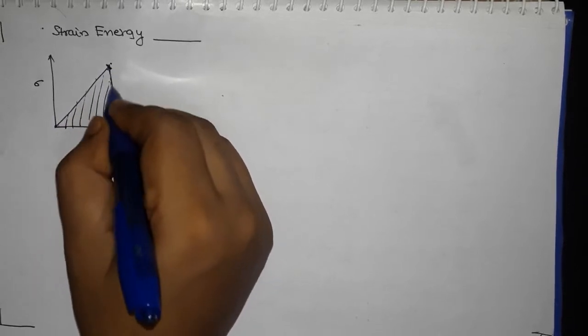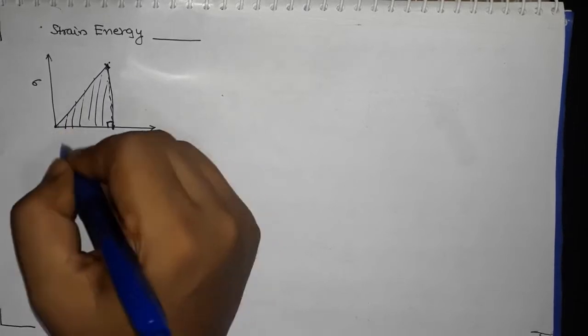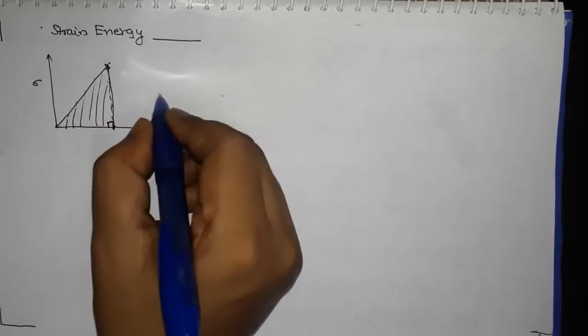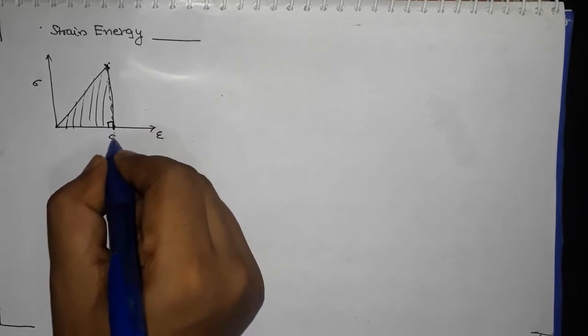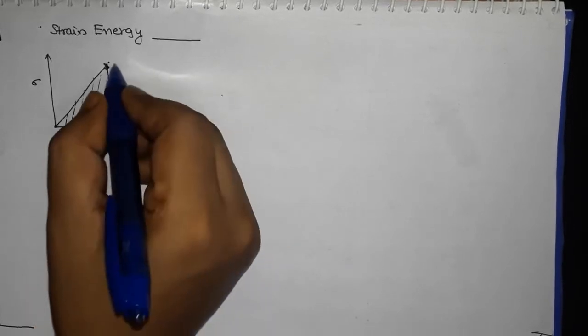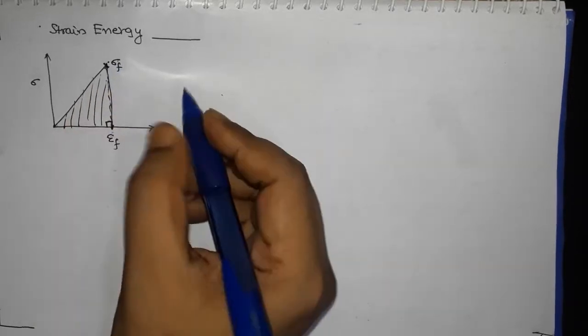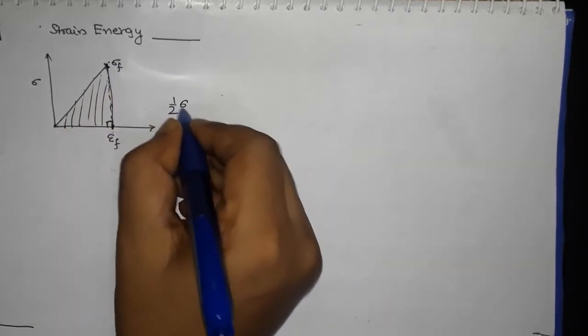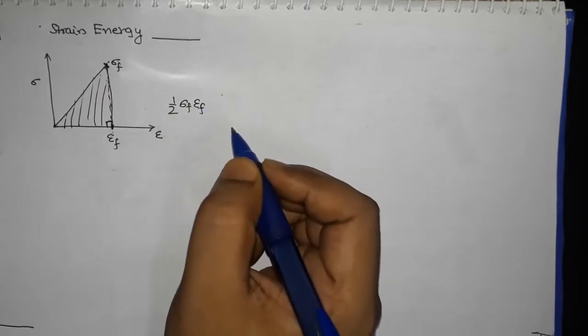It breaks at a 90 degree. So it's very simple. What is the area under this curve? So this point is, let's say, epsilon failure, and this point is sigma failure. So the area is half into sigma failure into epsilon failure.